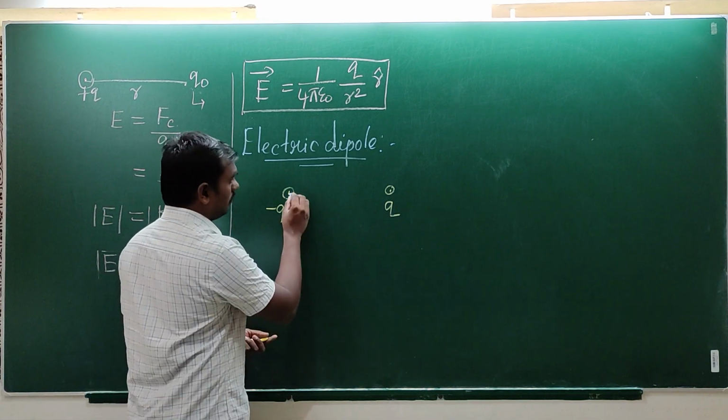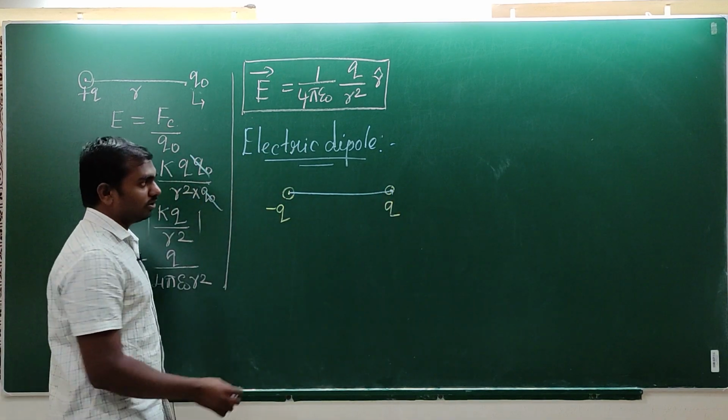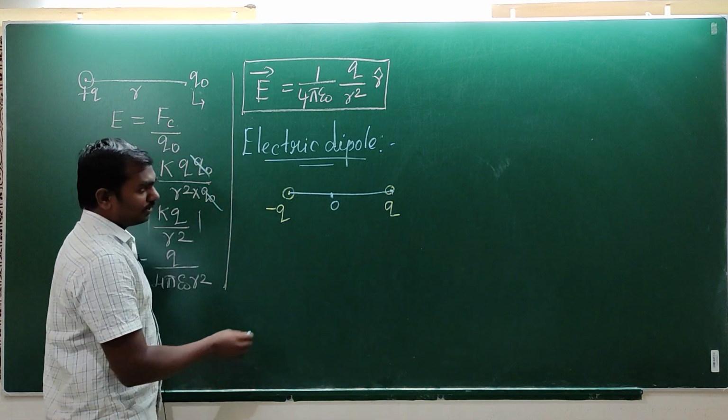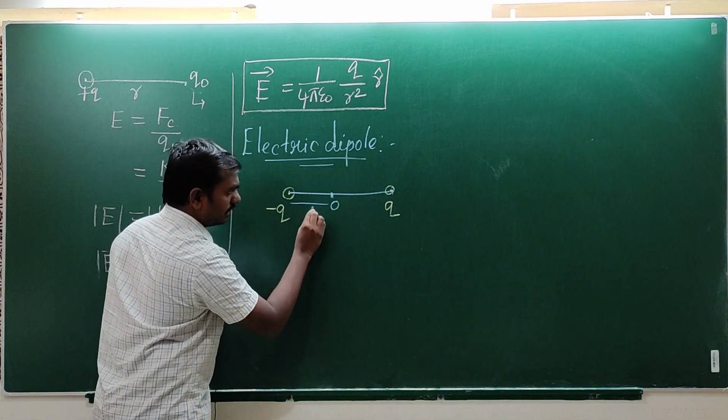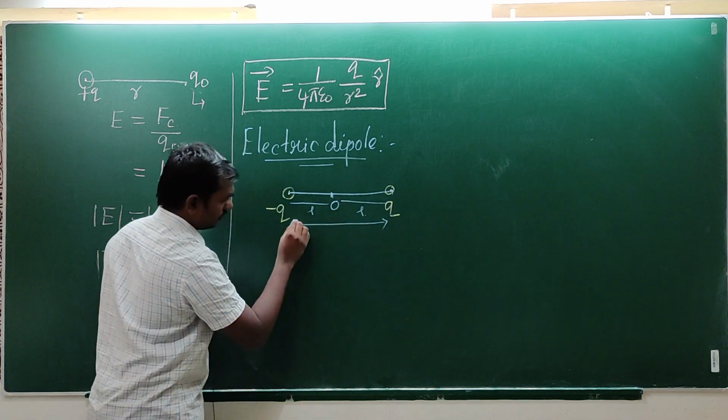If they are separated by a very small distance, the center of the field is O, very small distance means this is L and this is L, so that small distance is 2L.